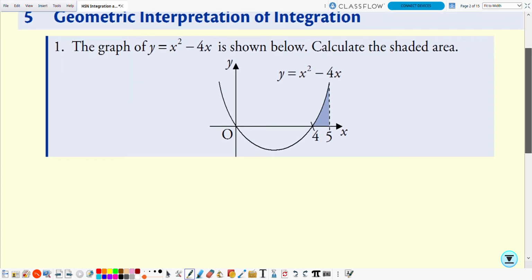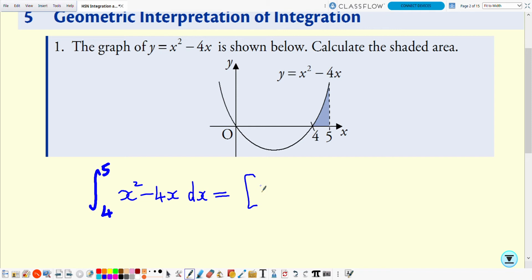So our first example is this one here. If we're having to calculate the shaded area that we're looking at here, we can see the equation of the function is y equals x squared minus 4x. So we will integrate between 4 and 5, and we will be integrating the function, which is x squared minus 4x, with respect to x.